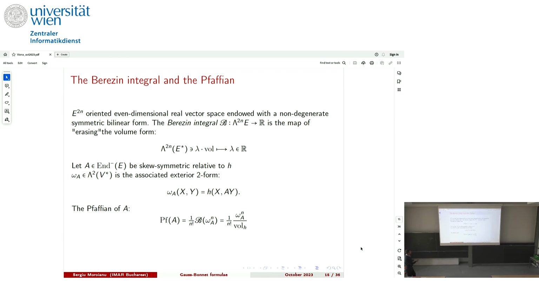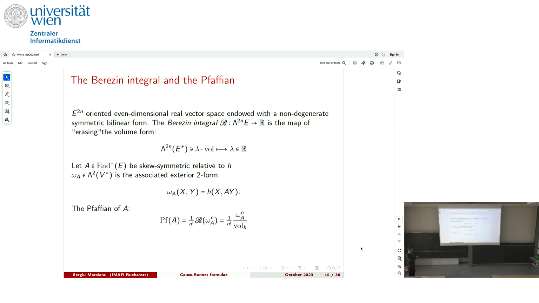Now I'll define the Pfaffian of a skew-symmetric matrix. I first write it as a two-form, like here. It's the way you go from the shape operator to the second fundamental form. And then the Pfaffian is just taking this form to the top exterior power and dividing by n factorial.